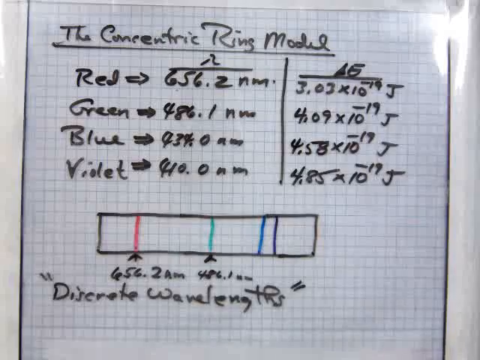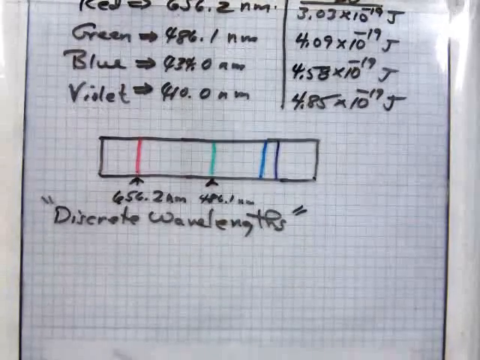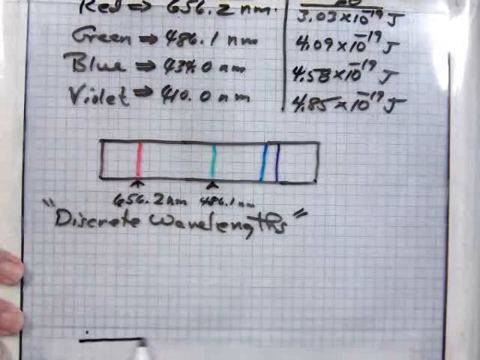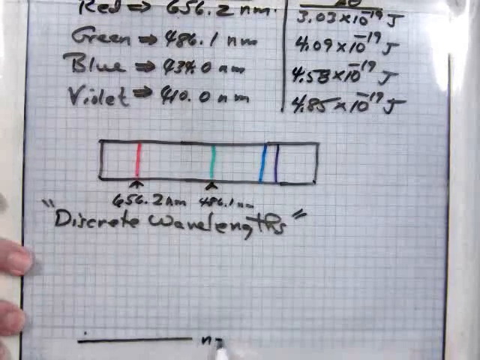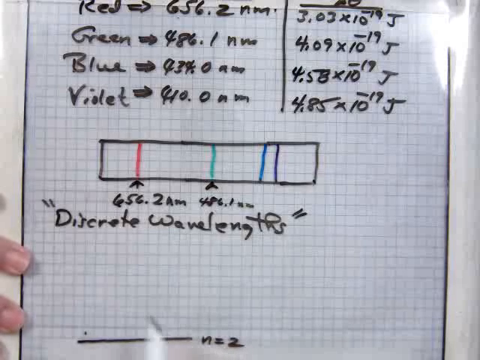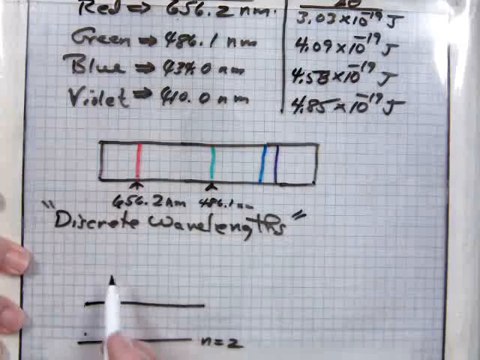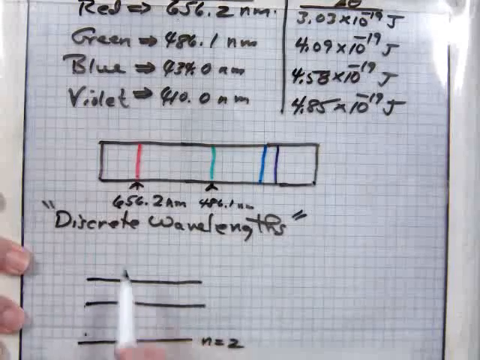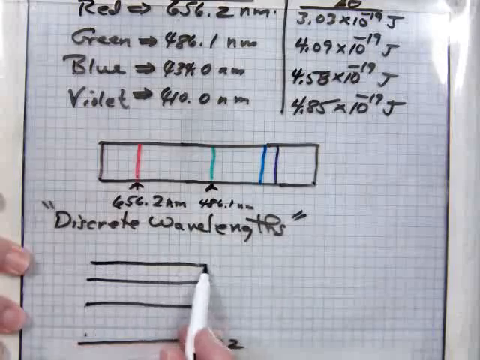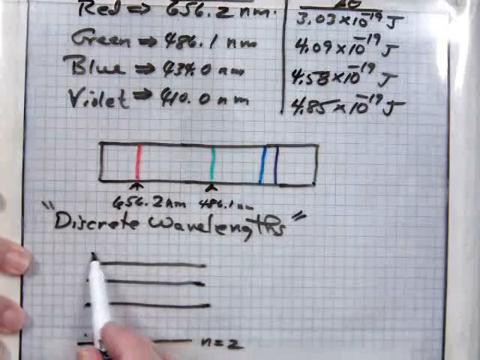Now, what does that mean in terms of the concentric ring model? Well, if we use this as n equals 2, that's where we're in, of course, one nucleus down below us. 3 to 2 transitions, I'm going to put that here. 4 to 2, and 5 to 2, and 6 to 2.